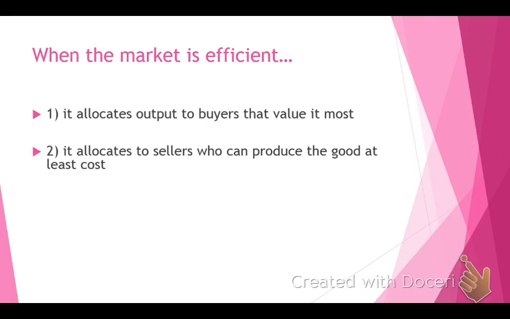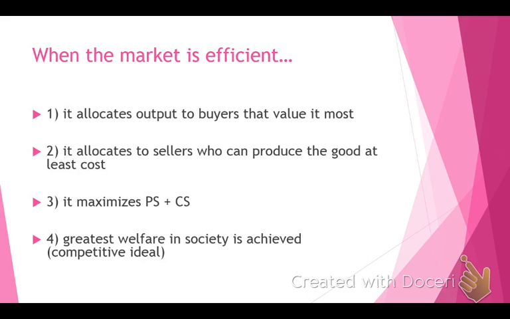Everyone have it? All right. It maximizes producer surplus plus consumer surplus. And the greatest welfare in society is achieved when the market is efficient. This is a competitive ideal.